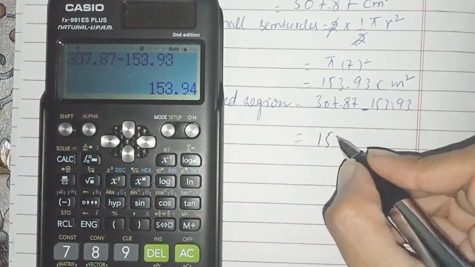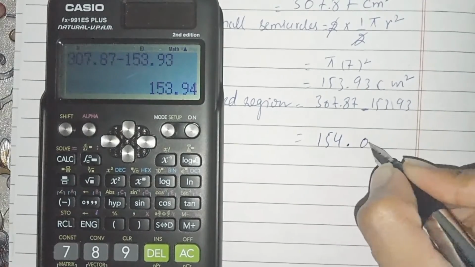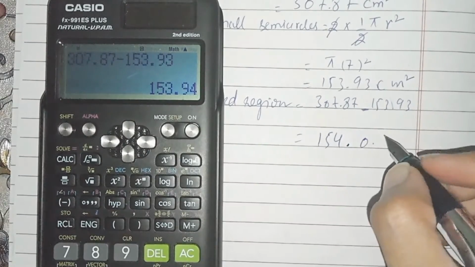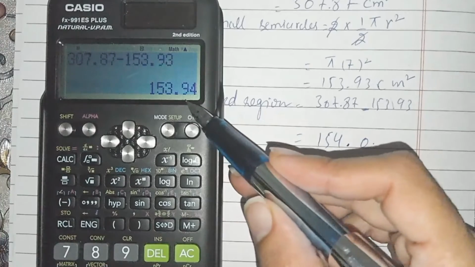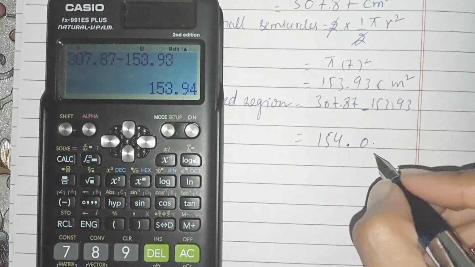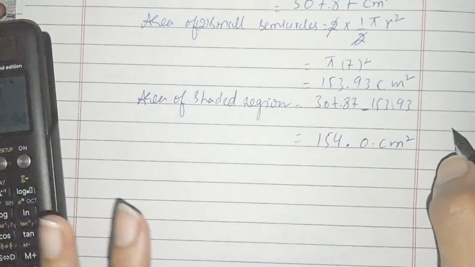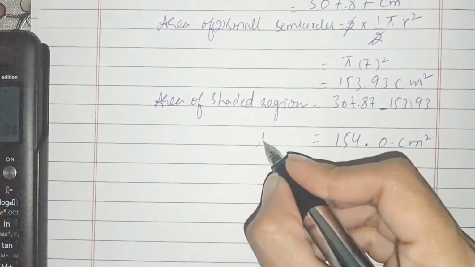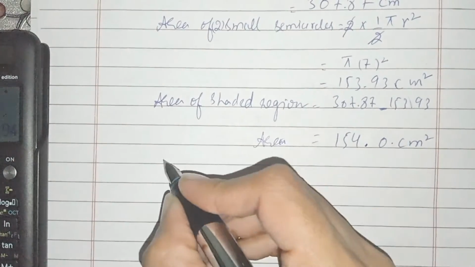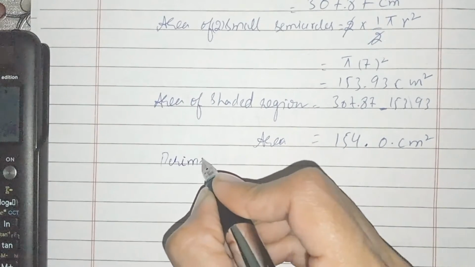We round off this value and get 154.0 centimeter squared. Now students, that is the area, and we also have to find the perimeter of this shaded part.